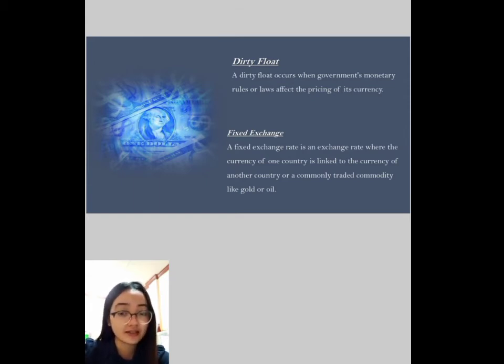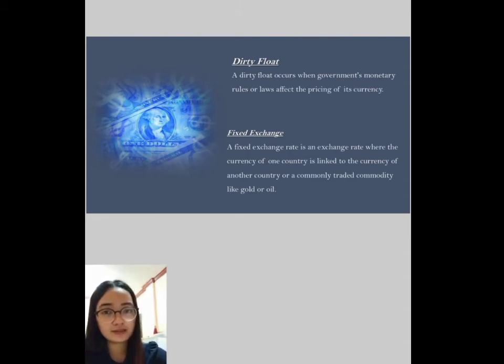Generally, in a dirty float system, it acts as a buffer against an external economic shock, like an oil price shock, that's one example, before its effects become disruptive to the domestic economy. A dirty float is also known as a managed float.